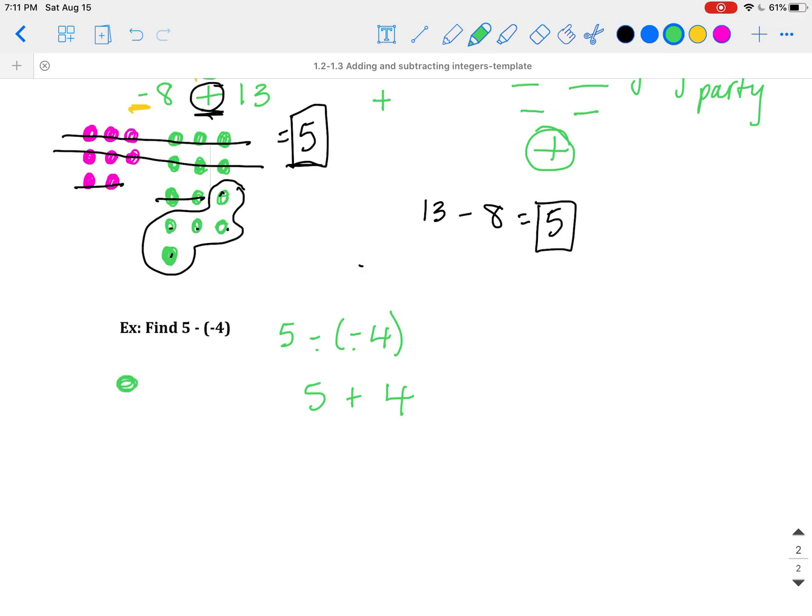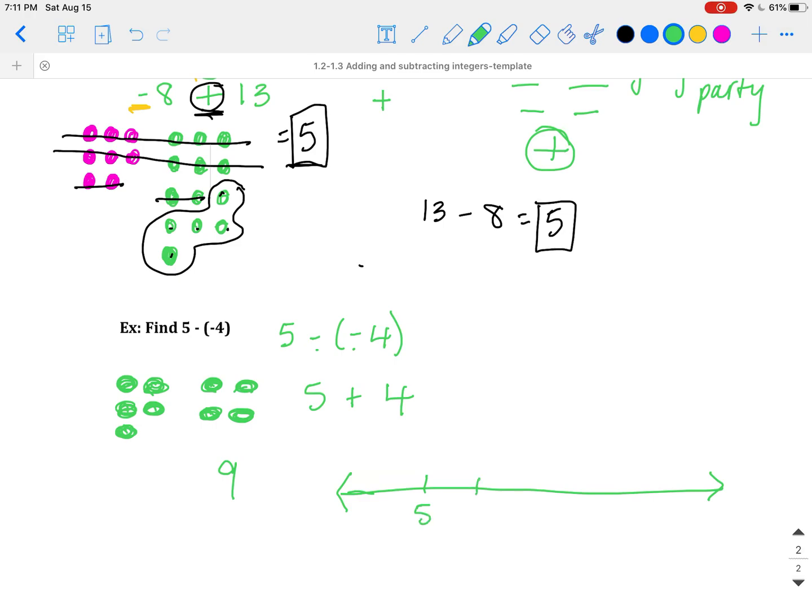Man, I really don't think you guys need integer counters for this one. But hey, just for the sake of it, let's do it. So I have the 5 there, and then 1, 2, 3, 4. They're all positive. I think you guys could have added 5 plus 4 by yourself without the counters, and it turns into 9. All right. In addition, we could also draw it on the number line.